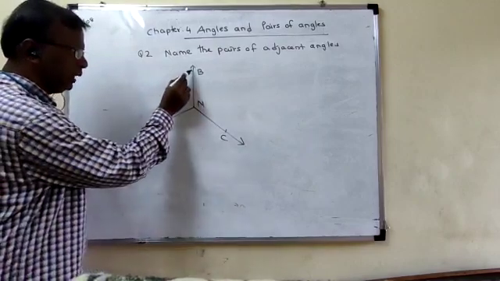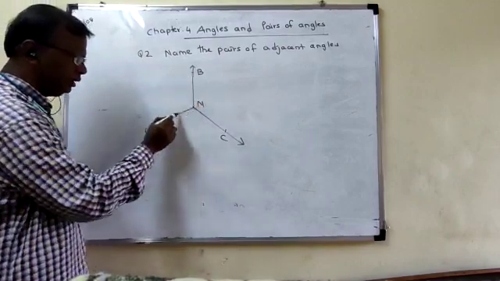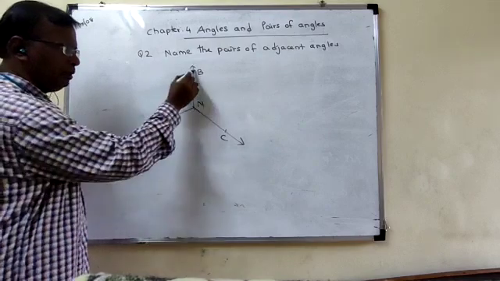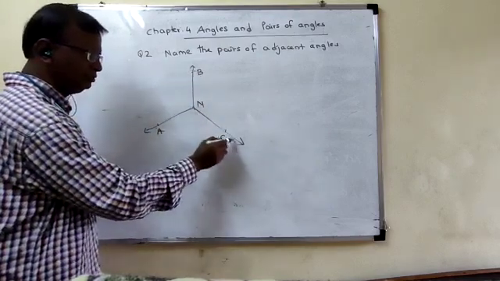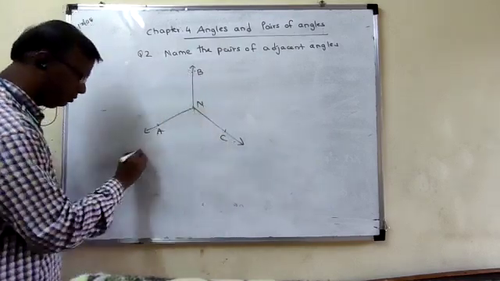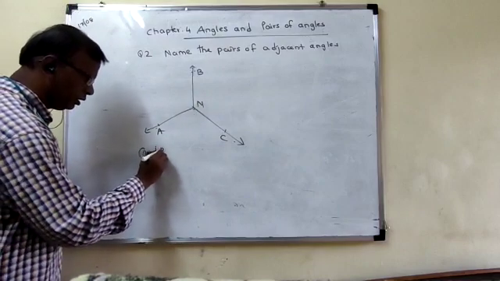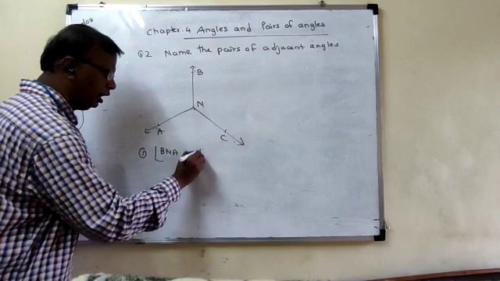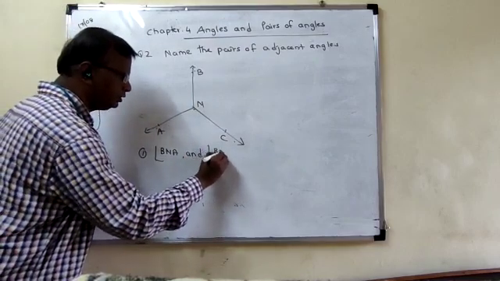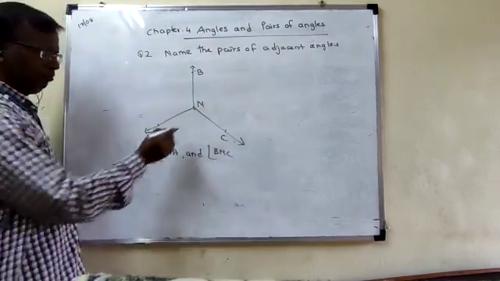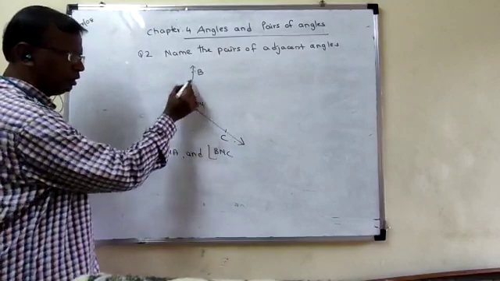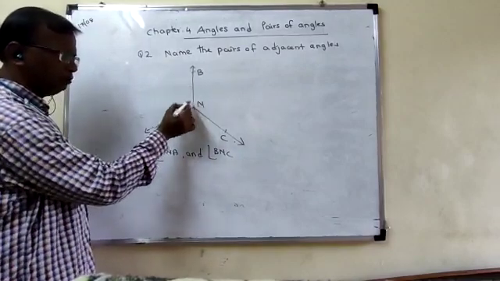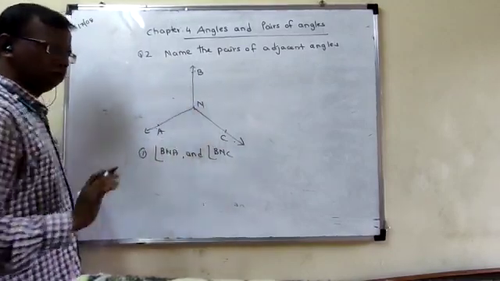So I'll start here. Angle B and A, and angle B and C. They are adjacent angles. Why? Because they have a common vertex, BN is a common arm, and they have separate interiors.